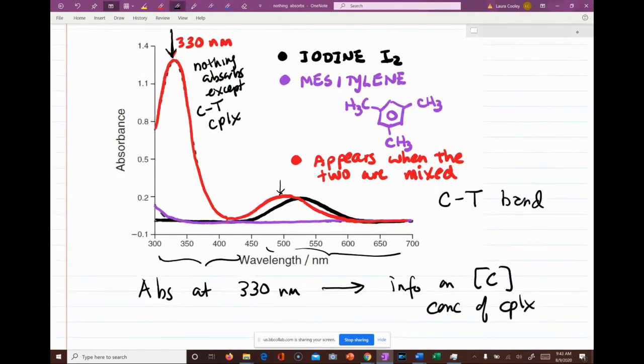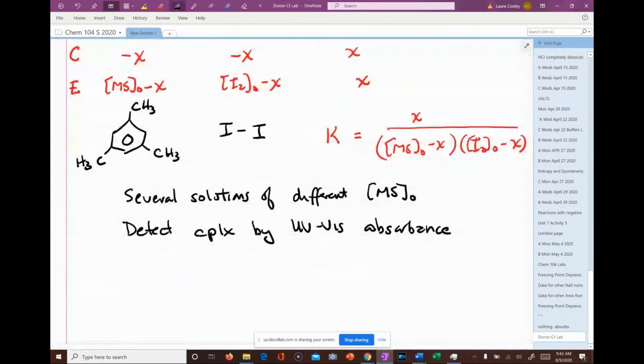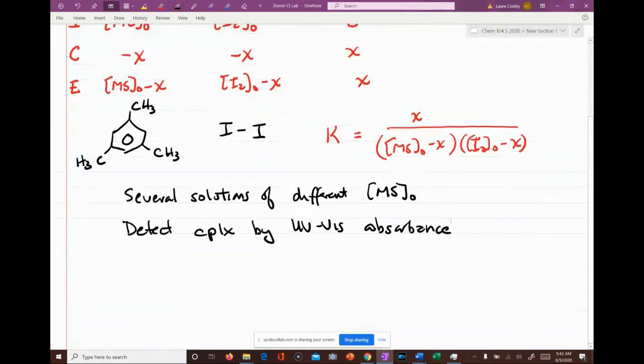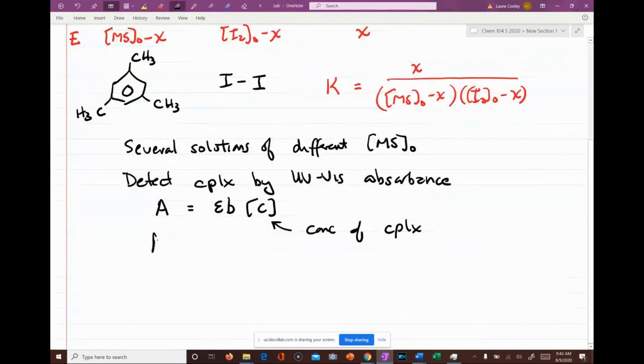All right, so now I'm going to go back to where I was before. Okay, so this is what I have. Here's my equilibrium constant expression. And we detect the complex by UV vis absorbance. A equals epsilon b times the concentration of the complex, which is, by the way, X, right?